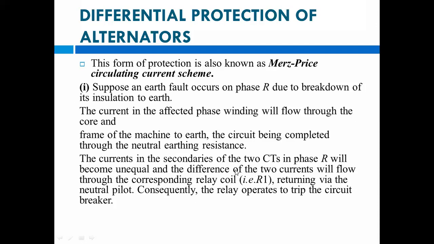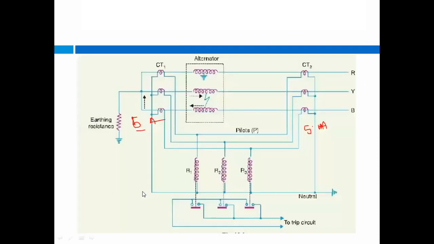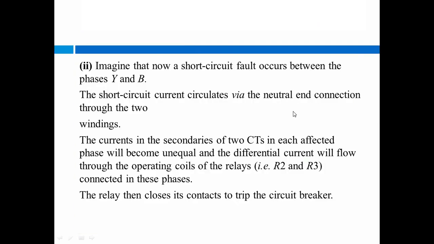Here the R phase is grounded, so the current flowing through CT1 is different from that of CT2. So these currents become unequal, and the differential current will flow through the operating coils.